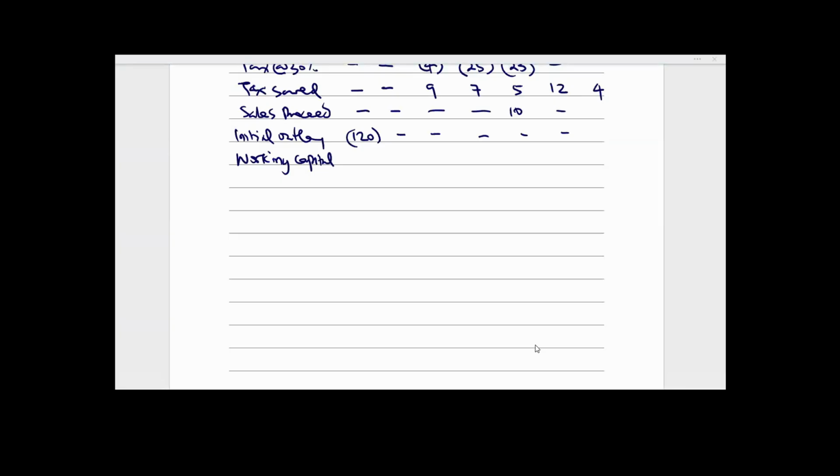Examiner has told us, in the last paragraph of the question, that the production equipment for the new device will cost 120 million naira and an additional initial investment of 20 million naira will be needed for working capital. So you have been given a one-off working capital of 20 million naira.